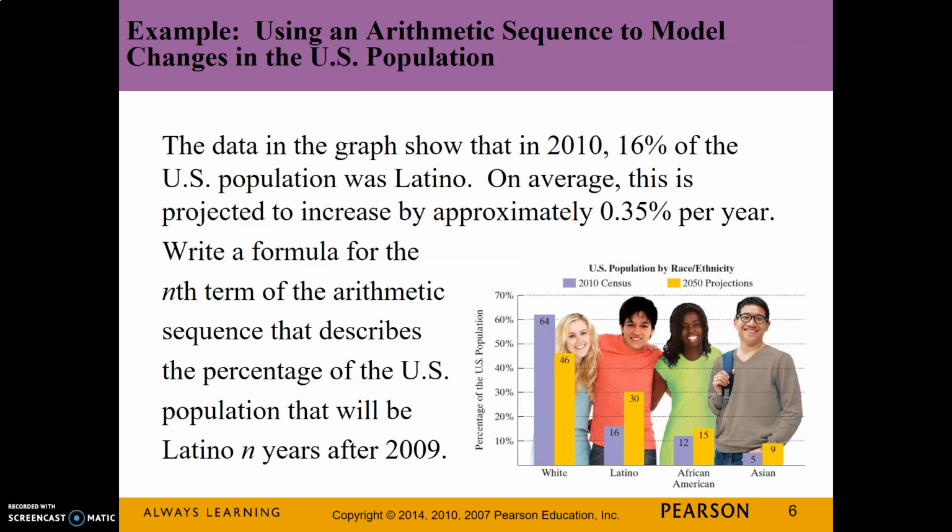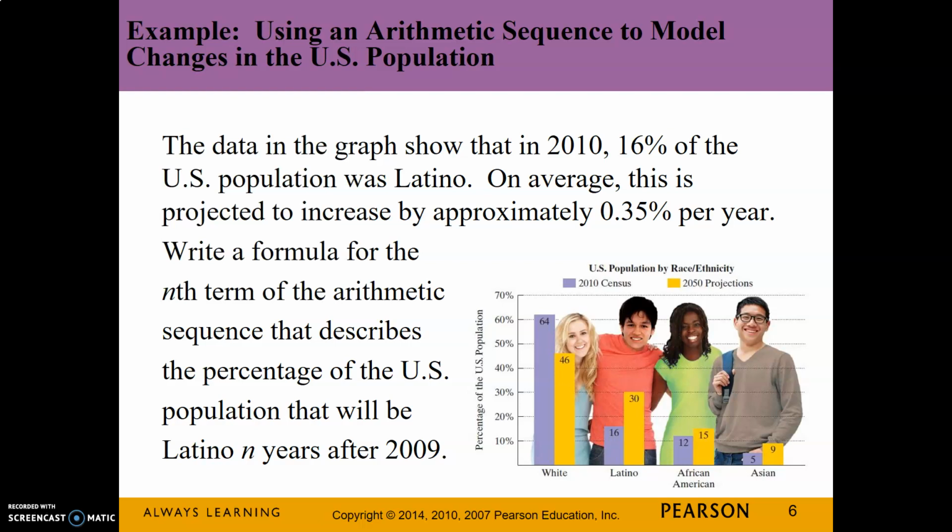Now, let's see a word problem, because arithmetic sequences are probably one of the most common sequences in real life applications. It's a very common pattern, very predictable and very useful. Based on census data, which actually this year we have a census, so these numbers are probably going to very quickly be outdated because we have new information in 2020.